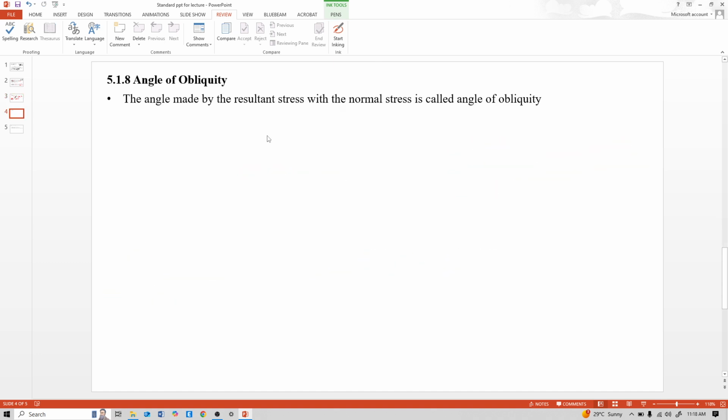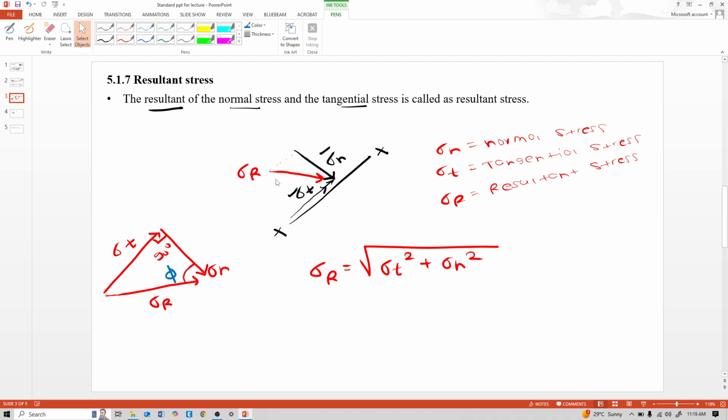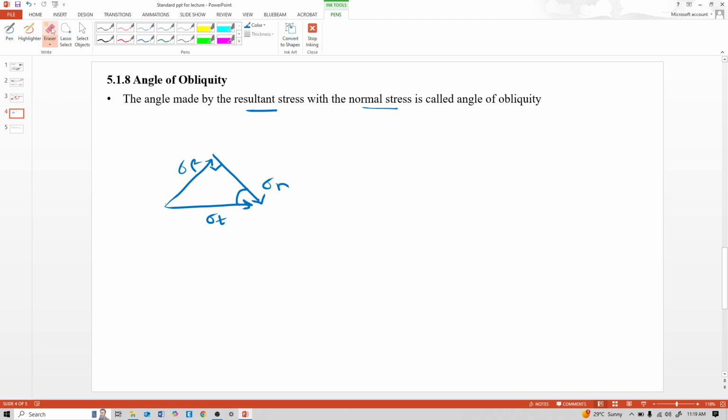Here sigma n is normal stress, this is the resultant sigma r, and this is tangential.